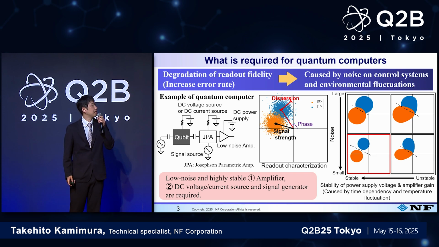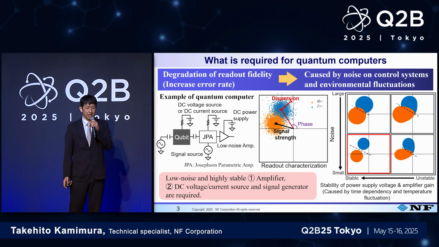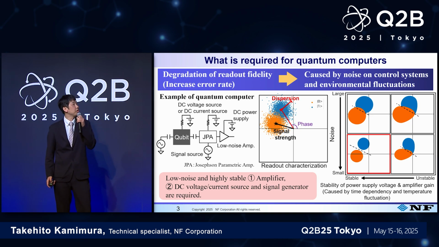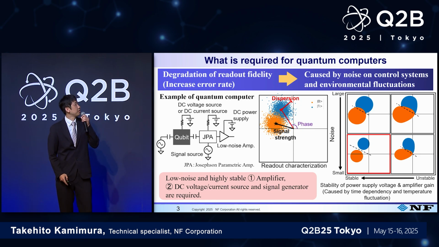Now in quantum computing, it is very important to enhance the readout fidelity. This is an example of the quantum computer layout. And around the computer, the low noise amplifiers, and then power, and a few other peripheral devices.